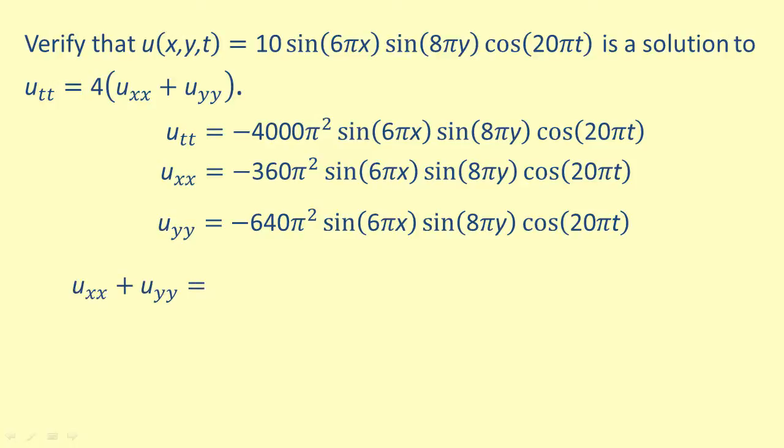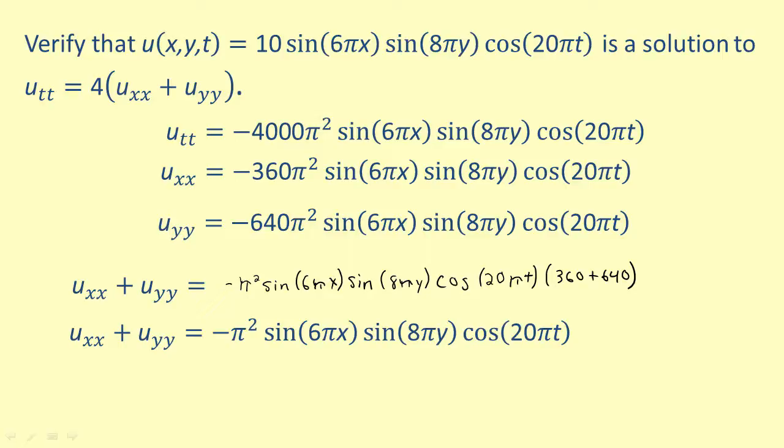Looking at u sub xx and u sub yy, we see several common factors: negative pi squared, sine 6 pi x, sine 8 pi y, and cosine 20 pi t. So by the distributive property, we can factor this out of both u sub xx and u sub yy, leaving the quantity 360 plus 640. Adding inside the parentheses gives 1000.